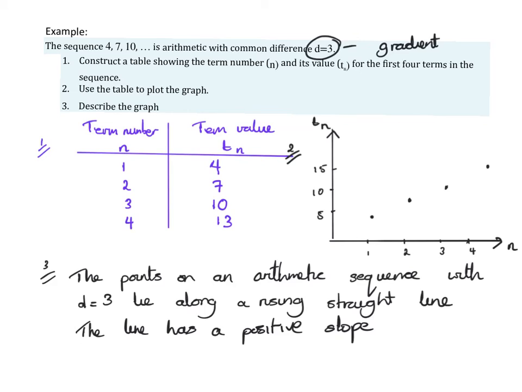And we have indicated that there. And if we talk about the fact that it is a straight line, we want to indicate that it has either a positive or a negative slope, which we have done there in our statement. So they're the two important things we need to include when we are describing that graph.